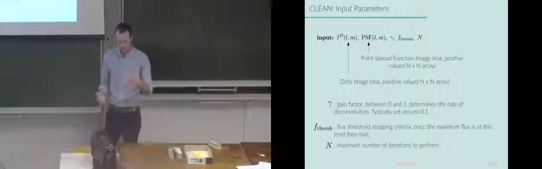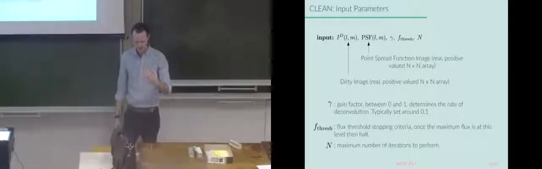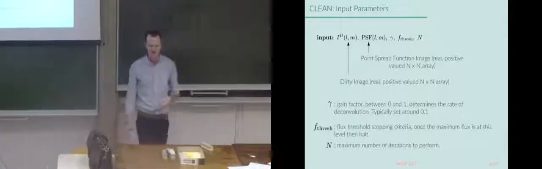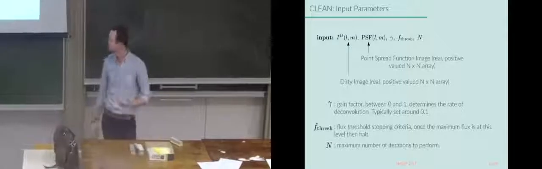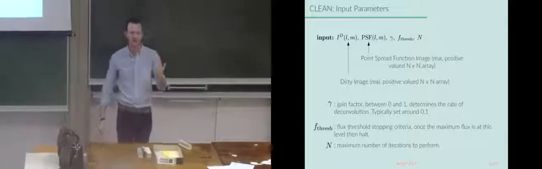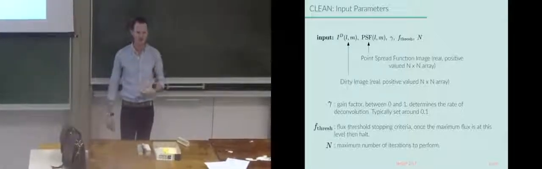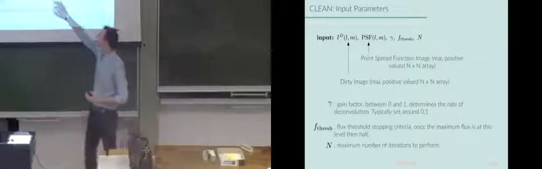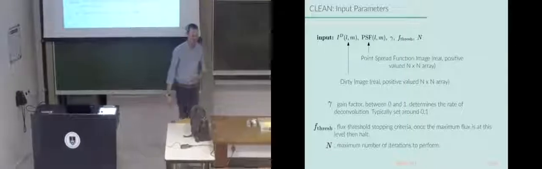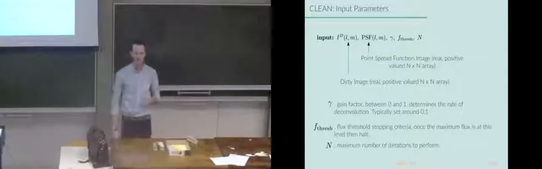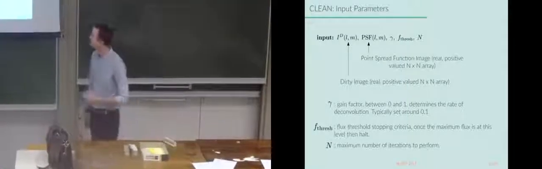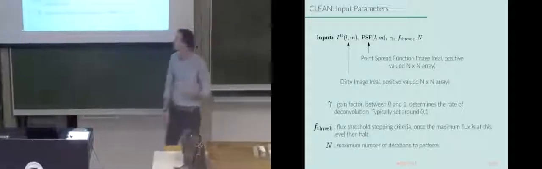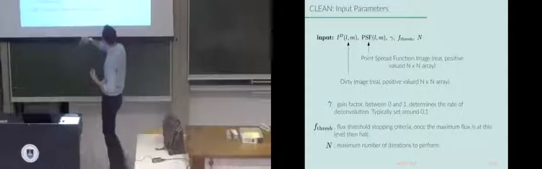But say you're given some visibility sets and a measurement set, and it's your first time looking at it, and you think, well, let's do some simple deconvolution. After you make your dirty image to see what it looks like, you can set this gain factor fairly high because you want just a quick image to see how it looks. As you want to dig deeper, you turn that gain factor down a bit.